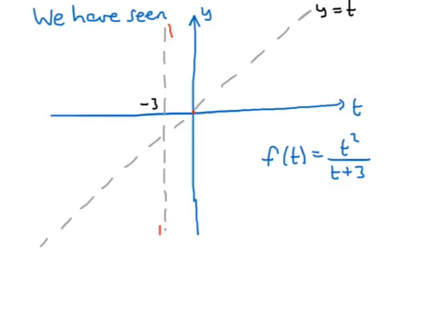So what I want to do now is to calculate the first derivative of our function and look for when that first derivative vanishes. So what we find is that the first derivative, I'm just going to use dash notation here, is going to be, and I'm going to use the product rule together with the chain rule for powers, so I have t squared multiplied by t plus 3 all to the minus 1. The derivative of t squared is 2t, and that's all multiplied by t plus 3 to the minus 1, so it's just on the bottom.